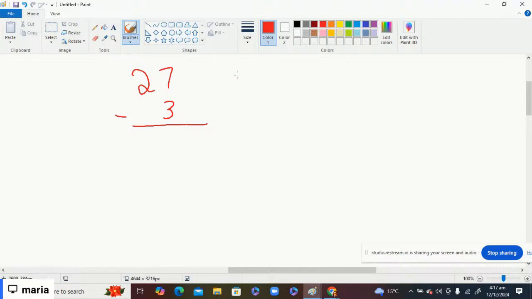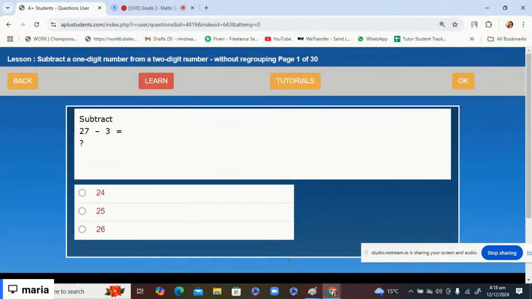Draw the 7 lines: 1, 2, 3, 4, 5, 6, and 7. Remove 3: 1, 2, and 3. How many lines are left? 1, 2, 3, and 4. So putting 4 here. And now this 2 as it is you are going to put. This is 24. Let's check the answer. Is there any 24? Yes, it's here. So we go with it.